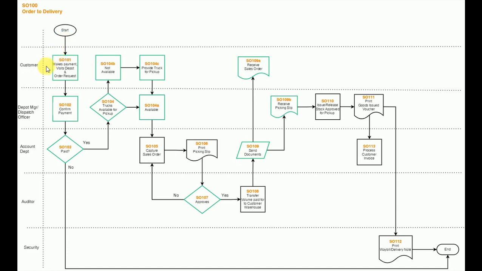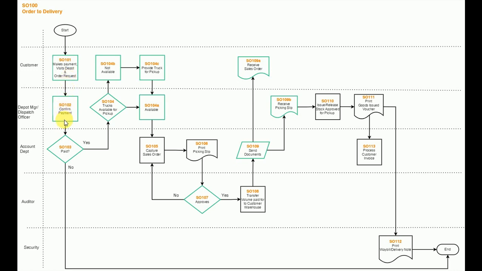The process starts from the customer making payments to pick a particular order, which is PMS. They want to pick PMS. At this point, when they get to the depot manager or the dispatch officer, he needs to confirm if the payment has actually been made.